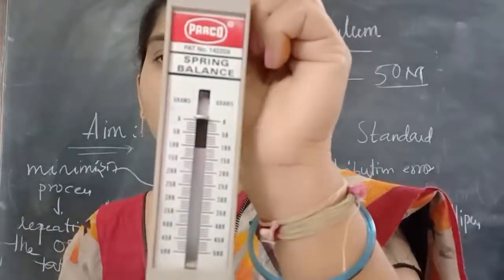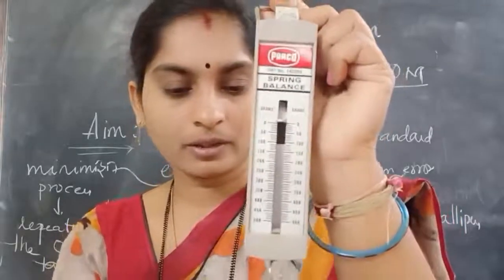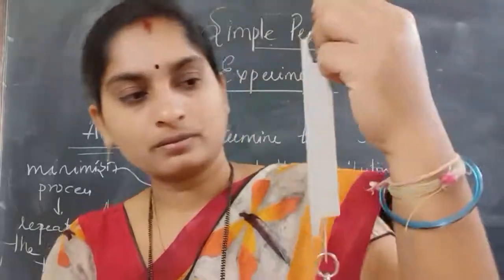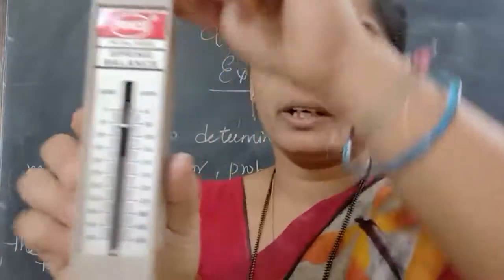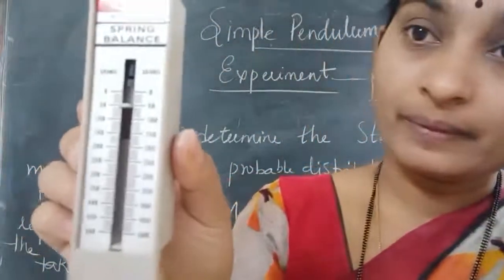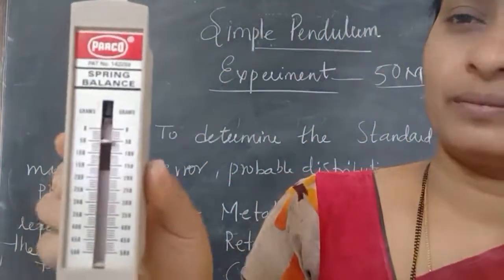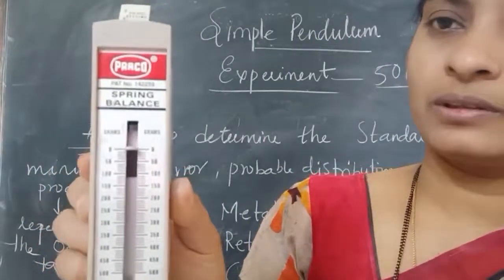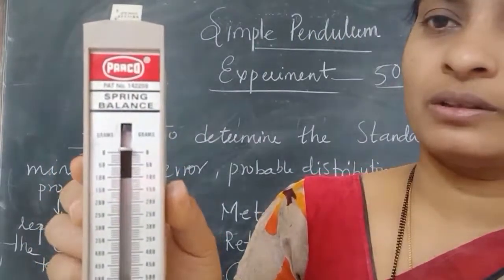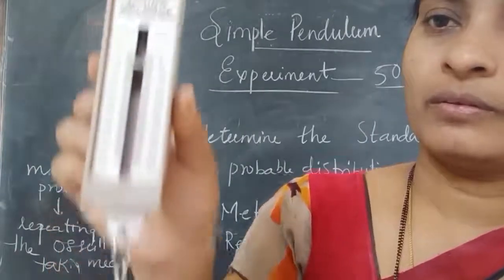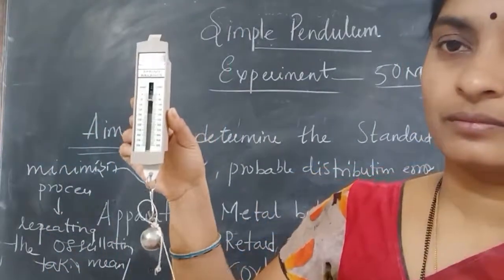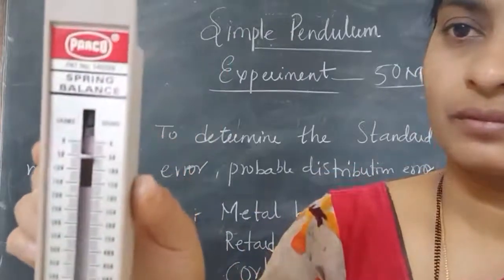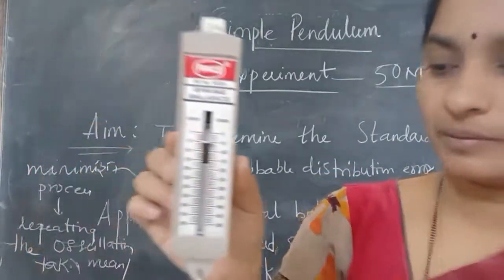Is it visible? Next, if you are attaching mass, its reading is changed, right? You can see here 50. Initially, when mass was not there, it was 0. When mass is attached, it is 50 grams.